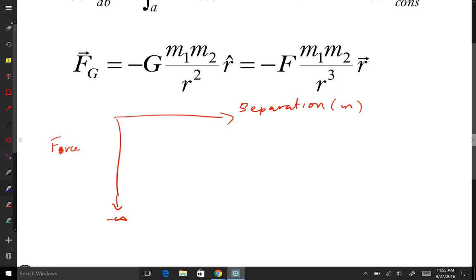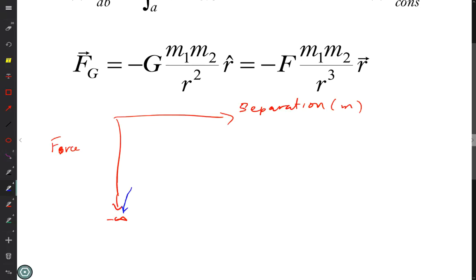As r approaches 0, it's approaching minus infinity. And then we have our nice 1 over r squared curve for what happens as r gets bigger, and it asymptotes to 0. So if I have two masses infinitely far away, the force between them is 0. The closer they get, the stronger the force is, and it's always attractive.